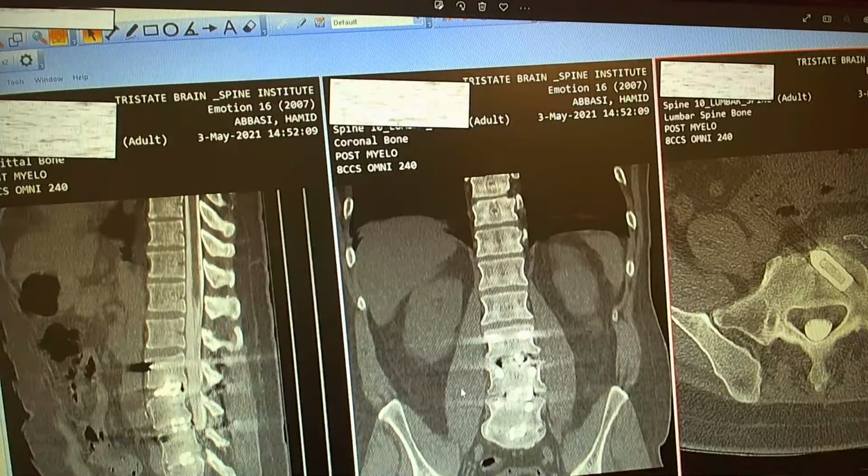That is the iliopsoas muscle. There are two muscles, and you don't see the differentiation in this picture, but in some patients, you will see the differentiation in the psoas and iliac muscle. They are together in one capsule. That's why we call them iliopsoas.